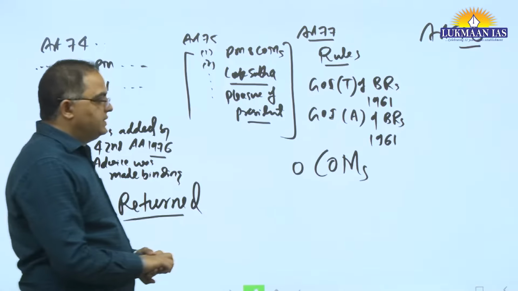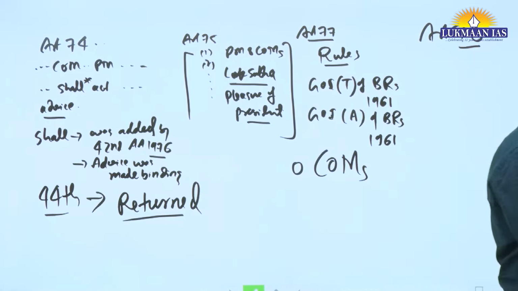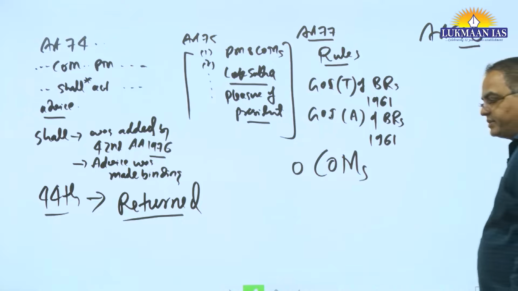Let's check. The President has the following circumstantial, situational discretionary powers.